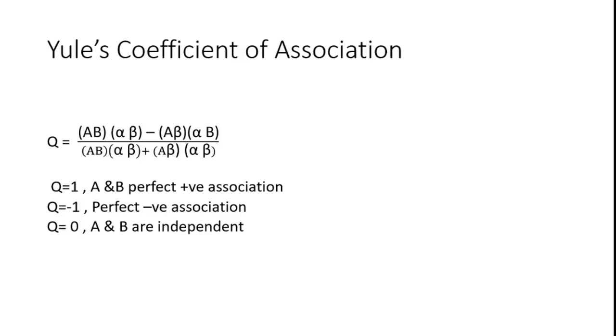How far these qualitative variables, or attributes, are associated between themselves is the Yule's coefficient of association. And we know what A and B are, what alpha and beta are. This is the formula used, and if the coefficient of association is 1, then it is a perfect positive association. If it is -1, it is a perfect negative association. If it is 0, then the attributes are independent.